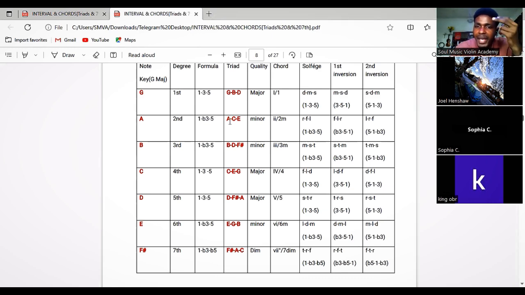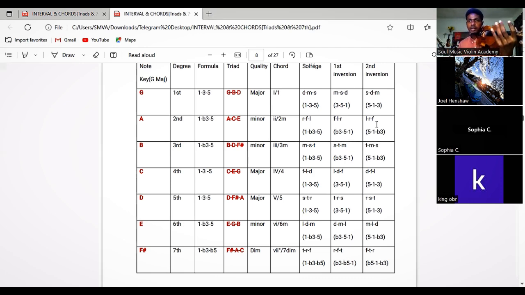That's A, C, E. If I scroll back up to the intervals, you see that A, C, E is 1, flat 3, and 5. That's a minor chord. So you have re fa la, then the first inversion is fa la re, and the second inversion is la re fa.